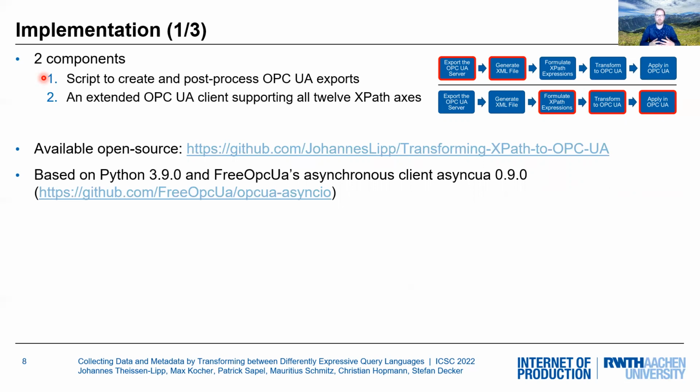And then the second component, which is in a scientific way much more interesting, is that we provide an extended OpenCOA client that actually supports all the 12 XPath axes. Note that our implementation is available open source on GitHub, and we use Python 3 and the free OpenCOA library to conduct our implementation.